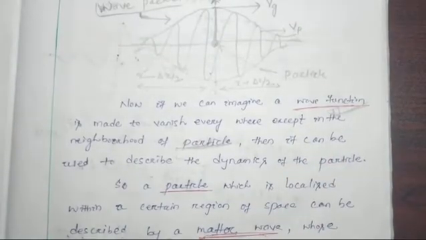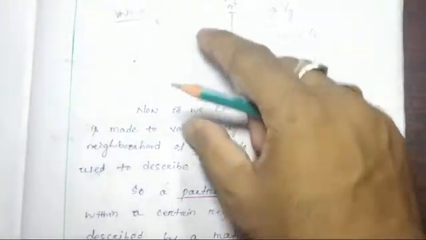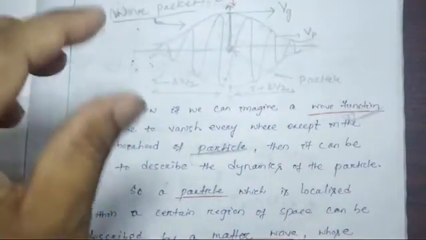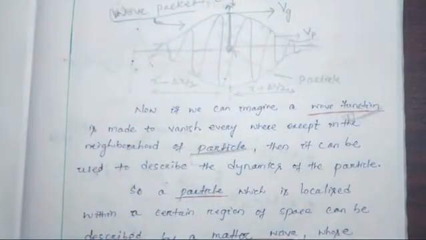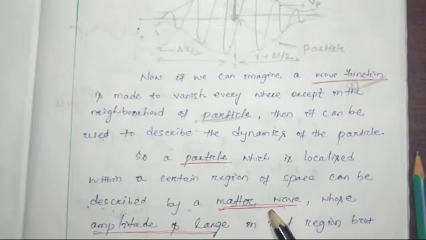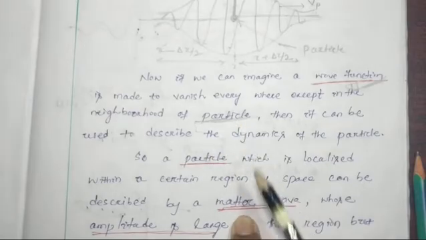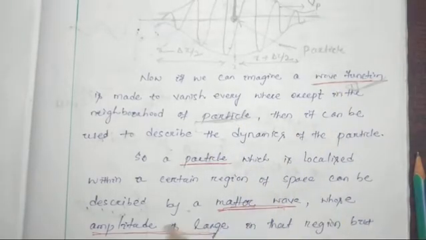Now, suppose a particle is localized, meaning it can be determined, focused, or caught in this region of space. It can be described by a matter wave having a wave function whose amplitude is larger in that region.